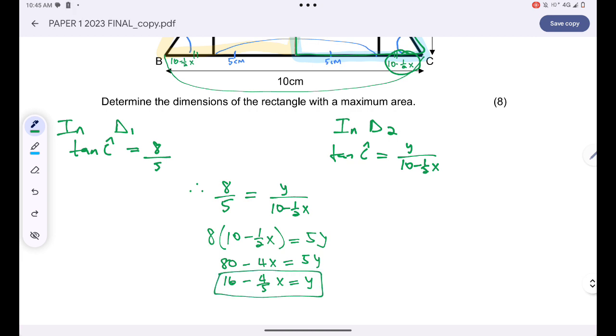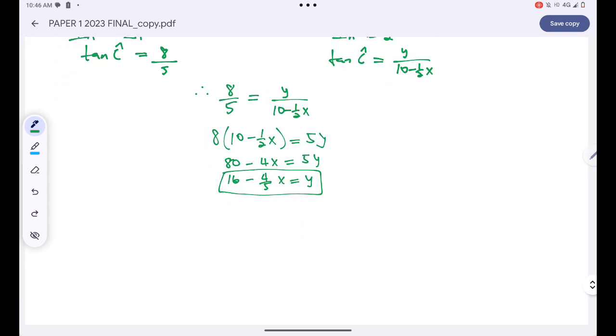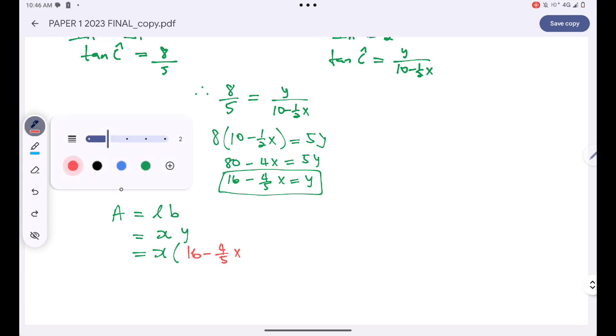But remember, I was asked to find the dimensions of the rectangle with the maximum area. I know that I can find the area as length multiplied by breadth. Are you together? My length is x and my breadth is y. But I know the value of y in terms of x. Let me use a different color. y is equal to 16 minus 4/5 x.